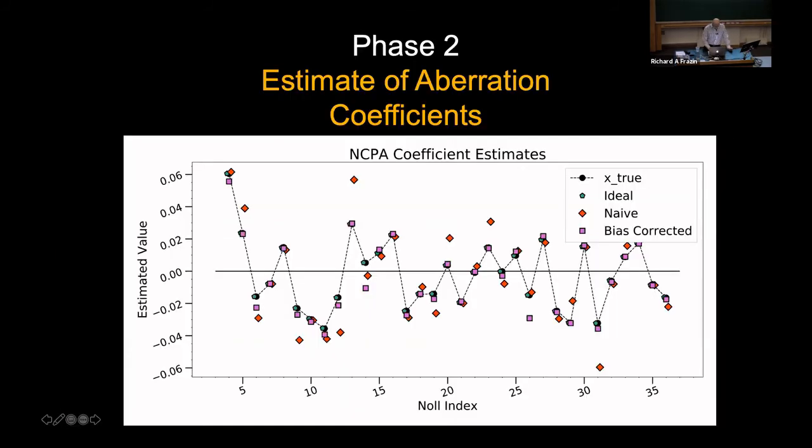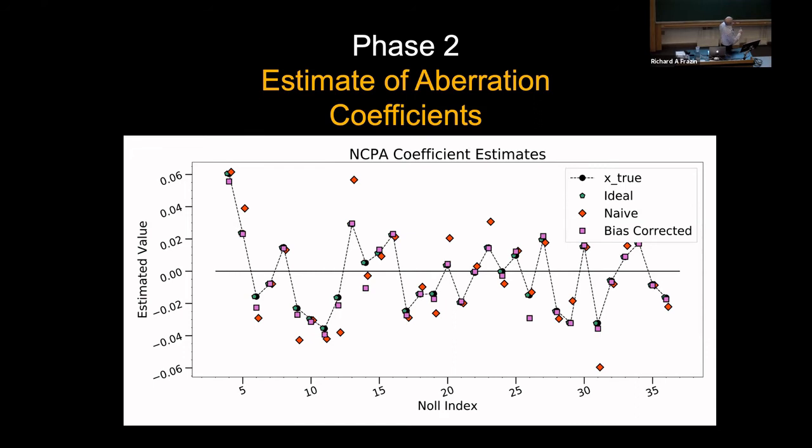So now in phase 2, this is the 4-minute observation with estimating a much smaller set of aberration coefficients. And for that, we have the bias corrected estimator, which leverages the knowledge of the statistics of the AO residual.